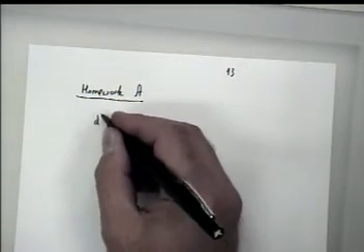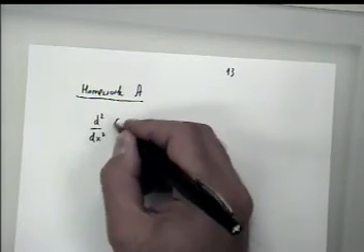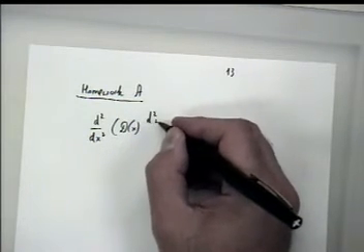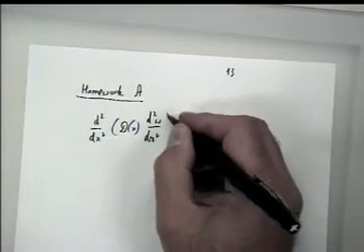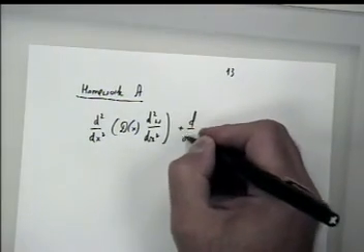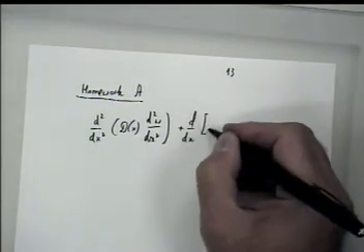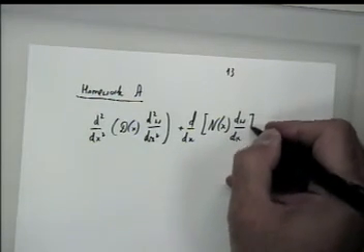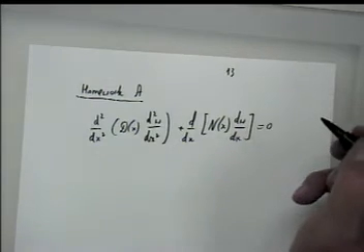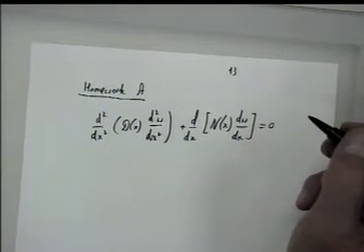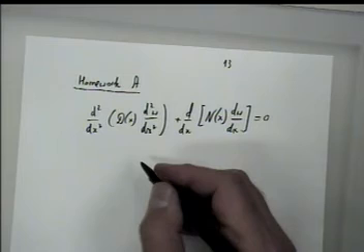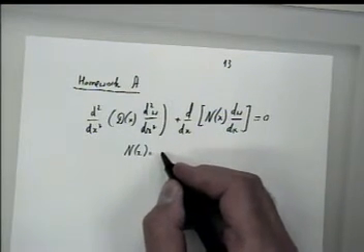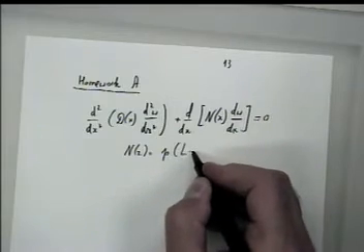So we have d2/dx squared of D(x) d2w/dx squared plus d/dx of N(x) dw/dx. Now let N(x) equal p, small p, times (L minus x).